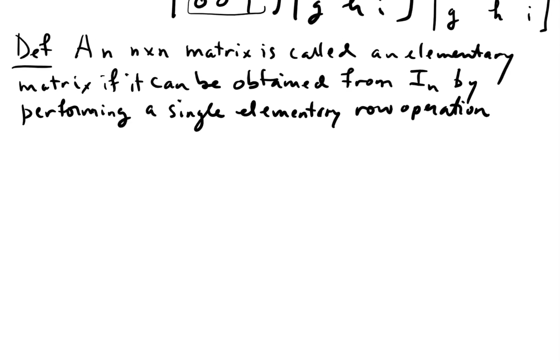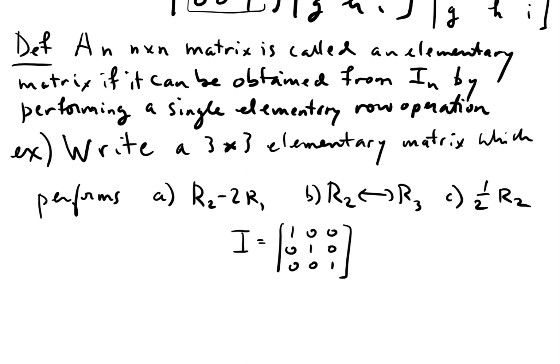So here's an example. We want to write a 3 by 3 elementary matrix which performs each of the given row operations. I've recopied matrix I because we're going to find those elementary matrices by applying those row operations to I. So it's very easy, right? We could call the first one E1.